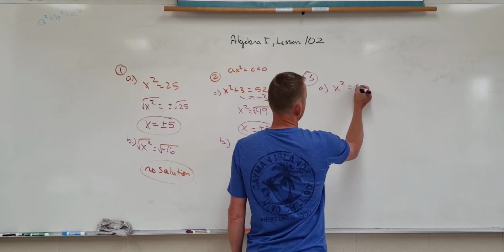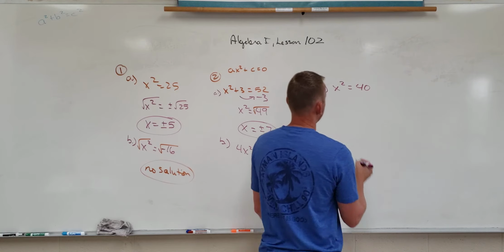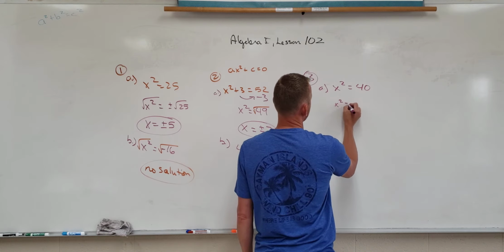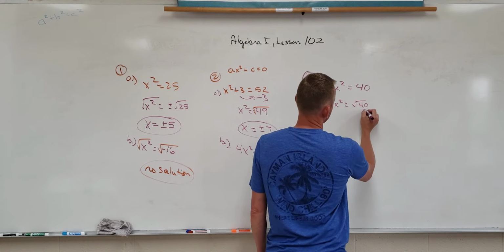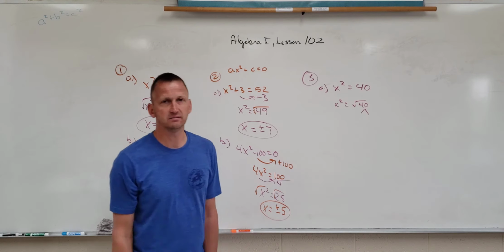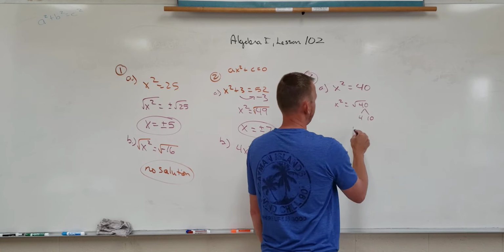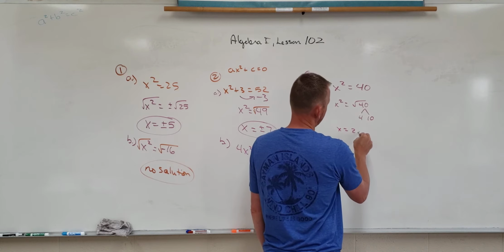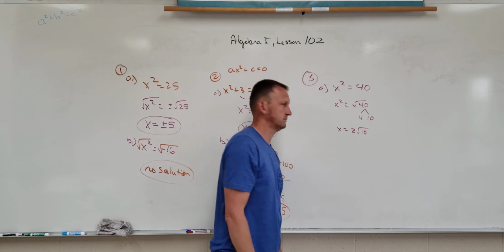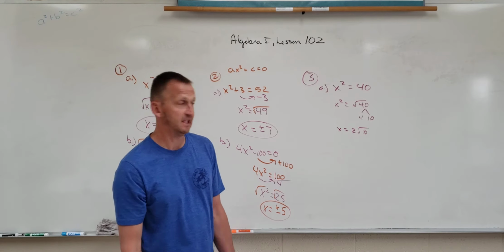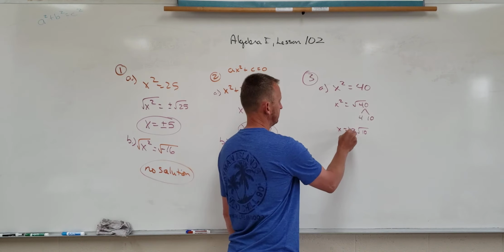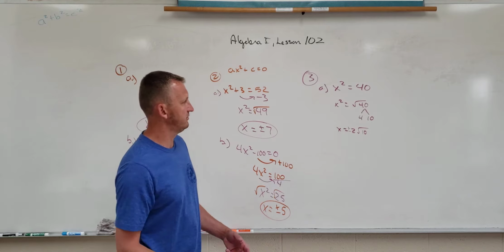X squared equals 40. Now in the past, we would say we're going to factor it out. 4 and 10, square root of 4 gives us 2 square root of 10. Okay? And obviously it would be plus and minus. Now they're wanting you to use your calculator.